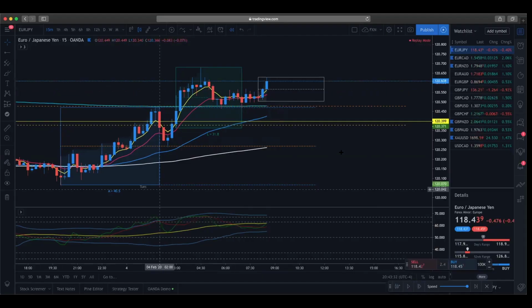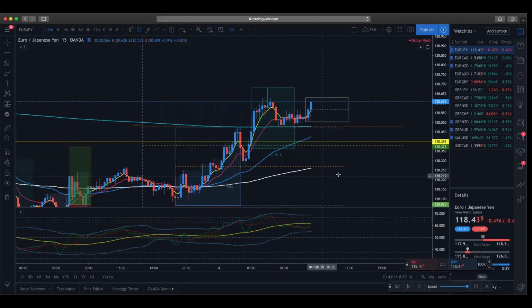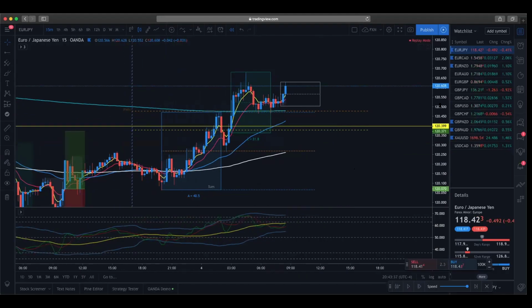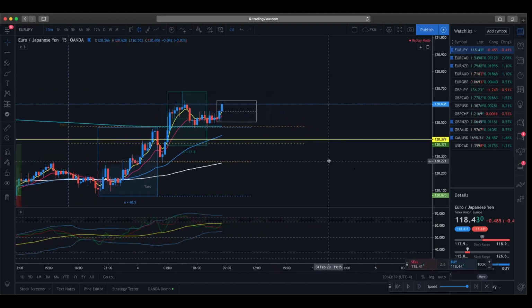Okay. So who's in favor of waiting, and who's in favor of going for a continuation trade? I'm going to wait. Okay, so wait. How about you, Nor? Continuation trade.